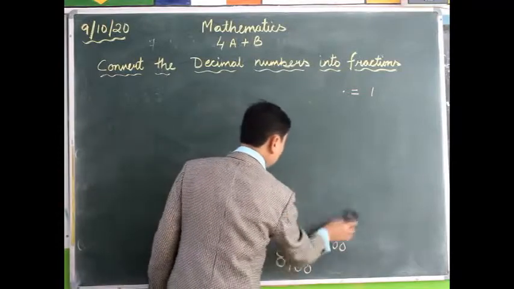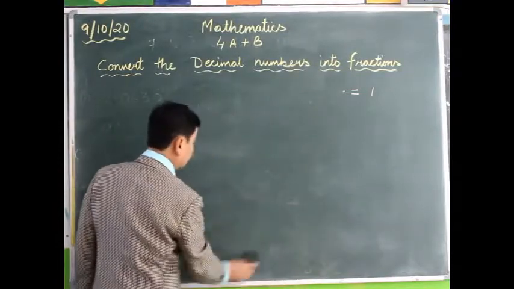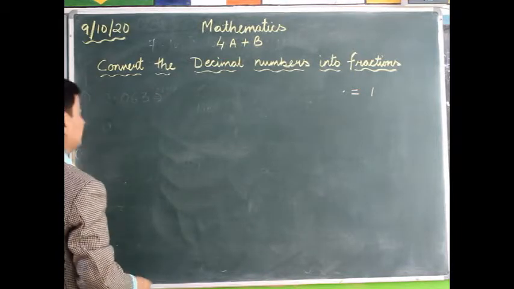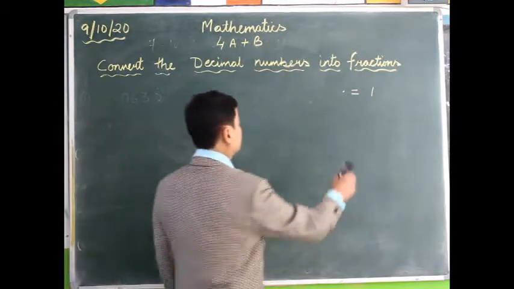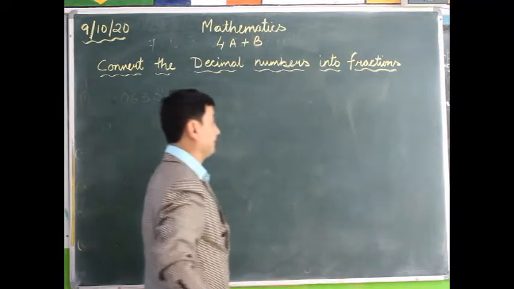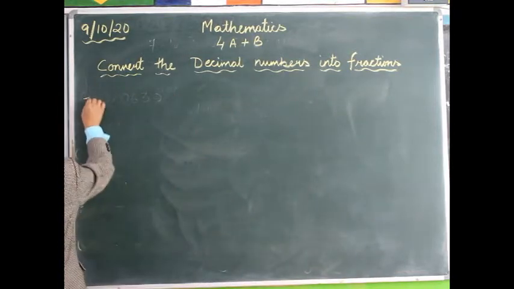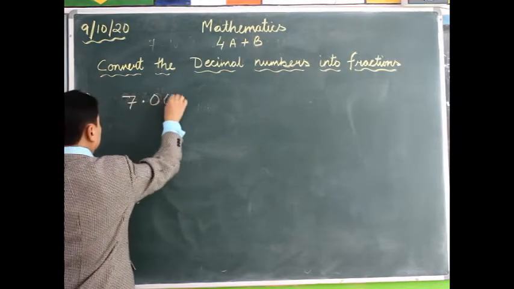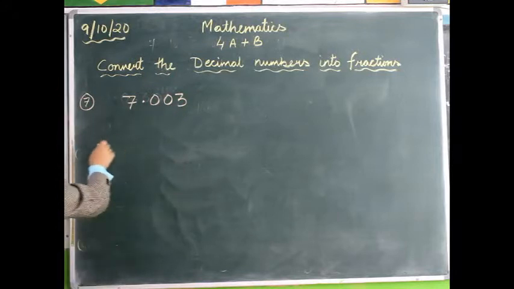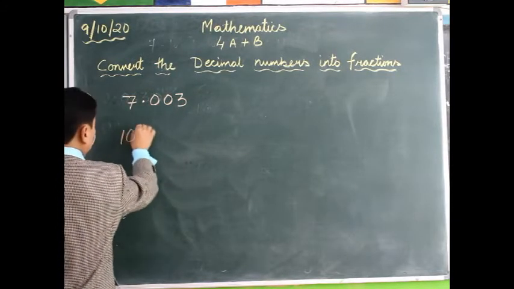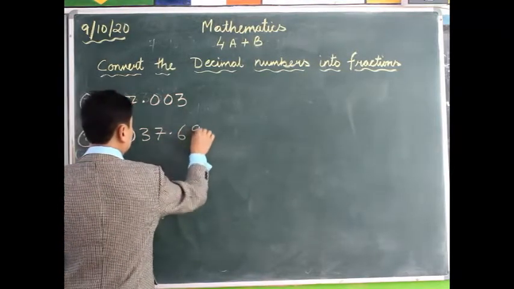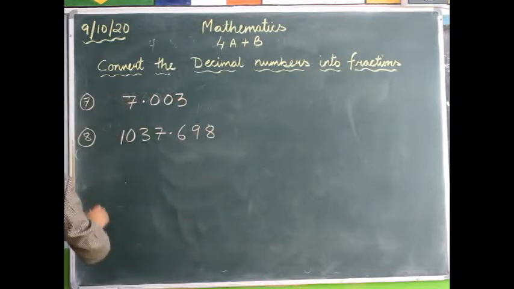So let's do some more numbers. Today we are converting decimal numbers into fractions. And when we convert, the decimal point changes into 1. Let's do number 7: 7.003. Number 8: 1,037.698.